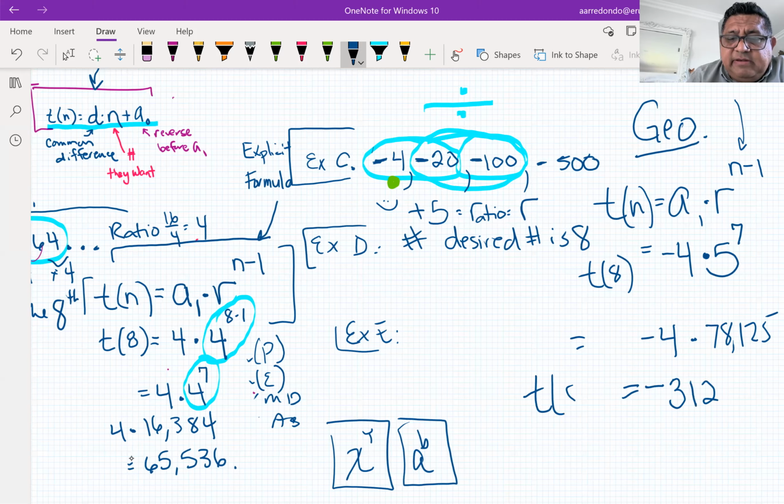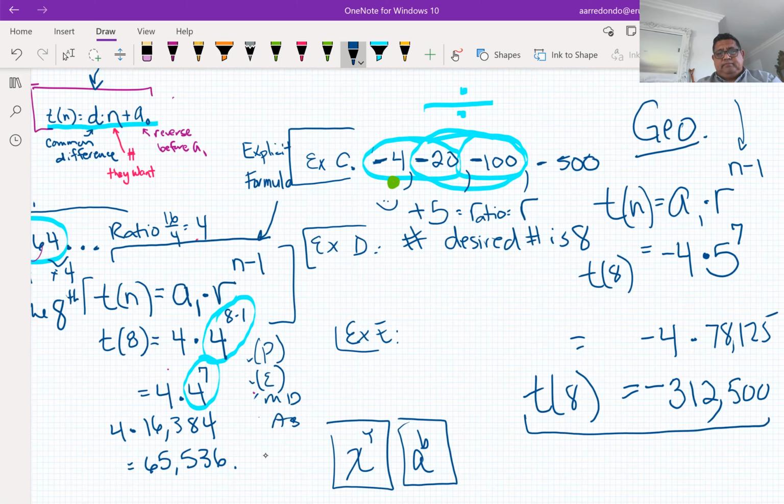The T of 8. Uh-oh, I erased it. -78,125 times negative 4 is -312,500. Okay.